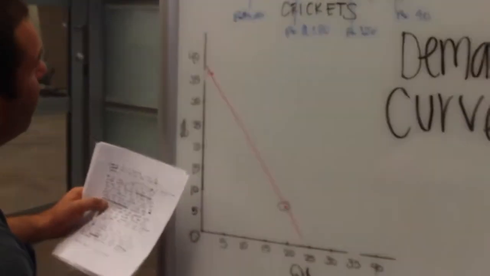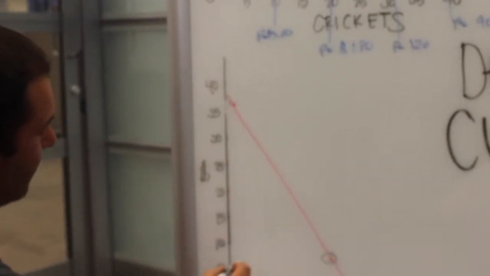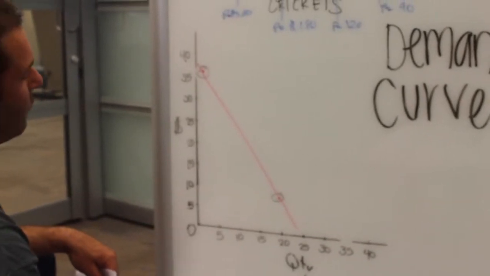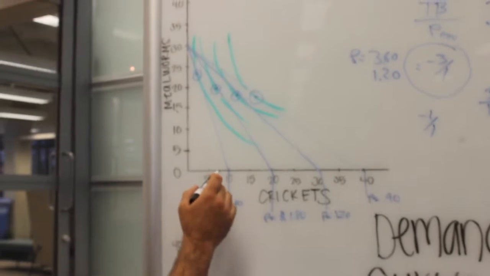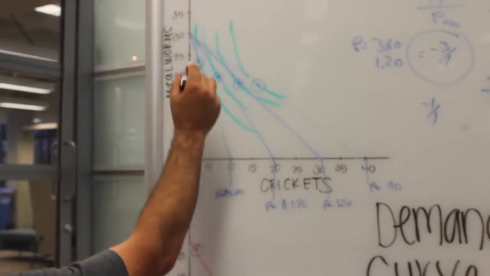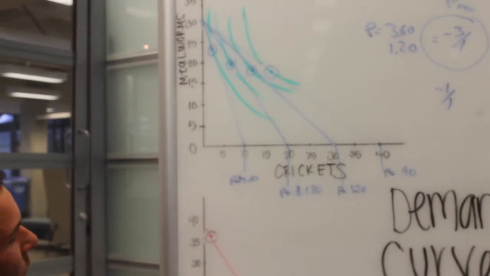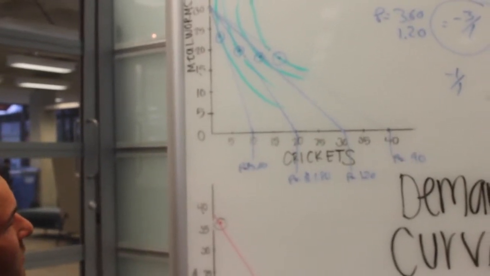And if we look at the price at $3.60, we can see that we only demand about three boxes of crickets to meet our utility maximization.